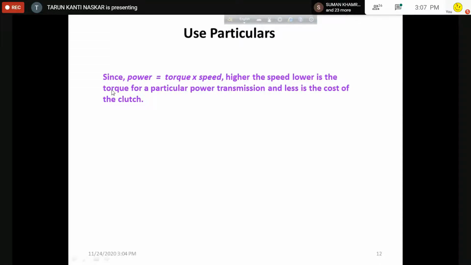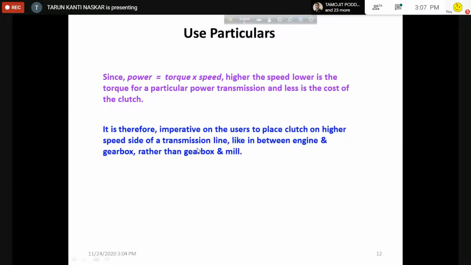If torque is lower, then obviously the cost of the clutch will be lower, because the torque depends on the factors you have just seen. This is a very important thing.